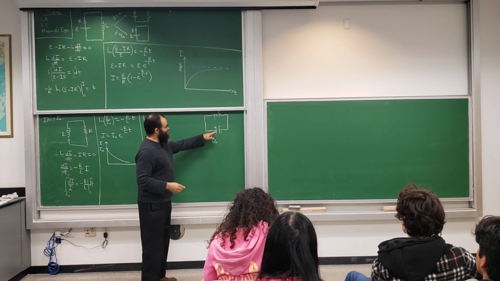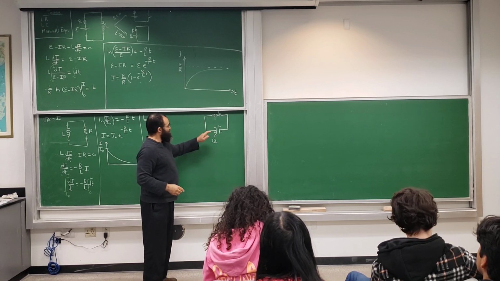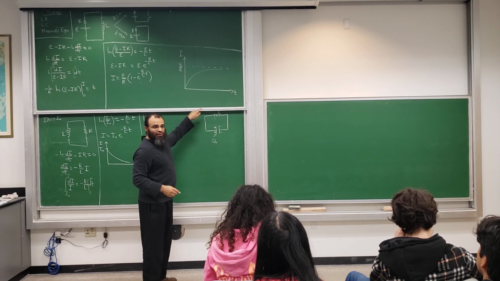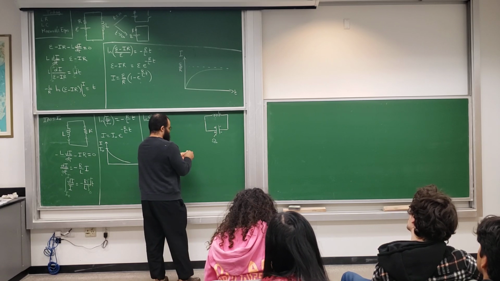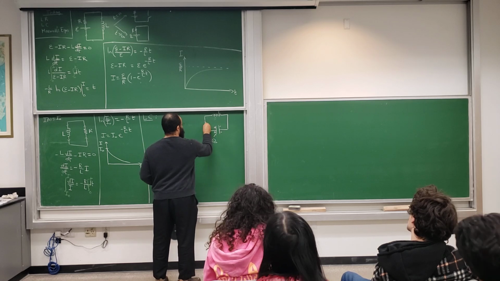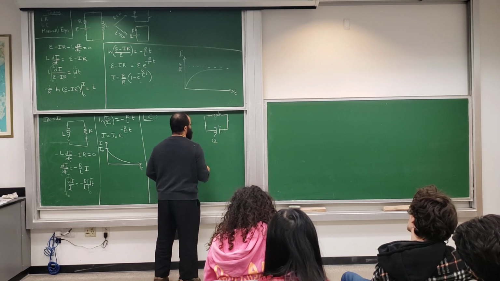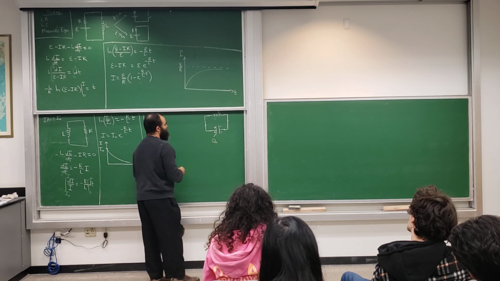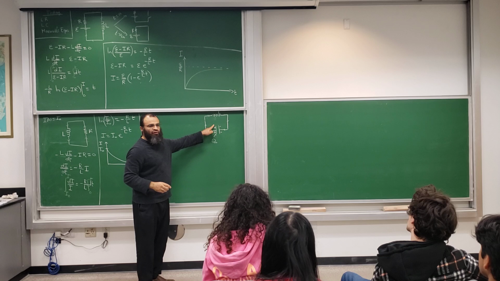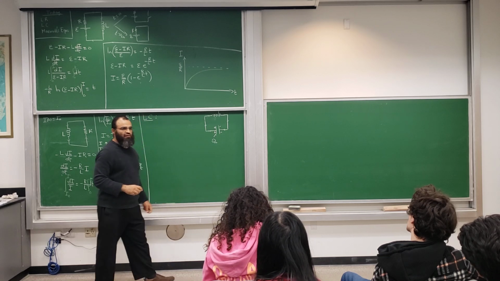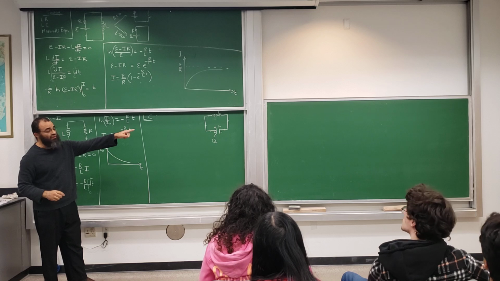What happens? Plus charges will start to go here and get to the minus charges. So the current will go this way, right? The current should start at 0 and then build up, but current will be in this direction. So what's the relationship between the current and the charge on this plate?